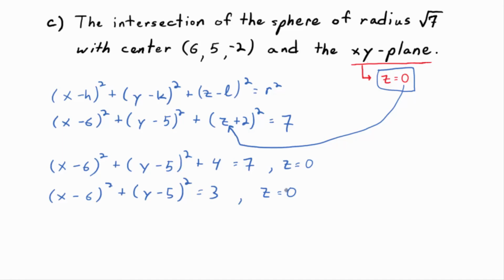Okay, so describe that object to me. It's a circle. A circle centered at, if it did say R3, so we better put in that third coordinate. A circle centered at (6, 5, 0), with z equals 0 since we're in R3, with radius √3.